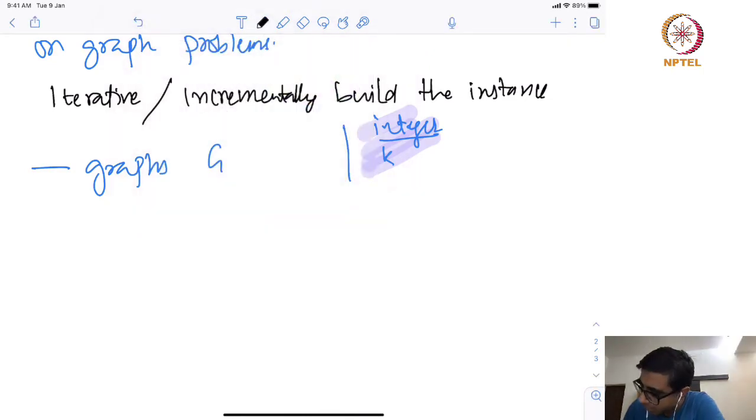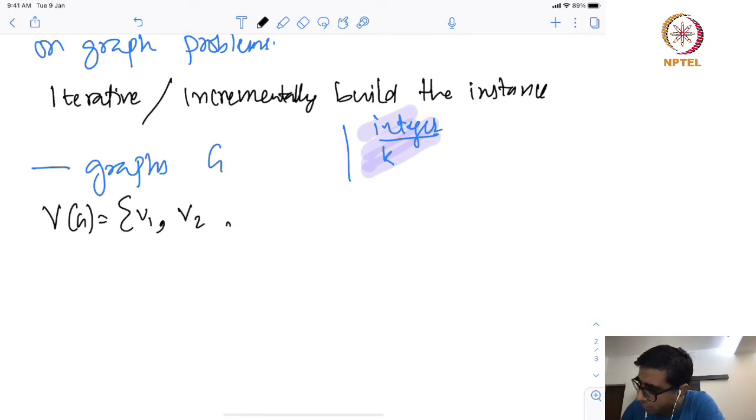Assume that the vertex set of G consists of the vertices v1 to vn, n vertices.